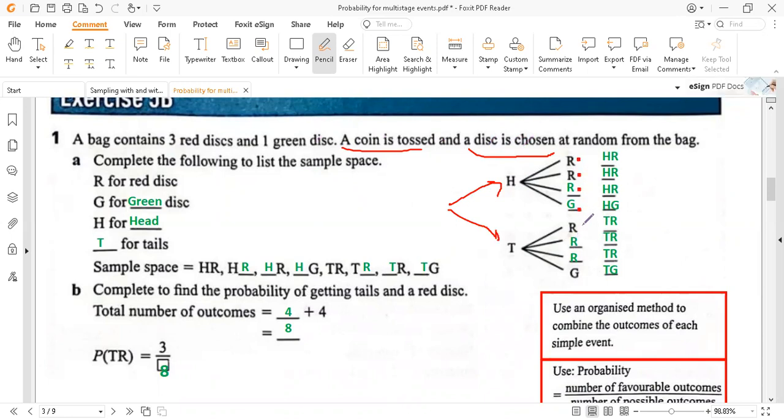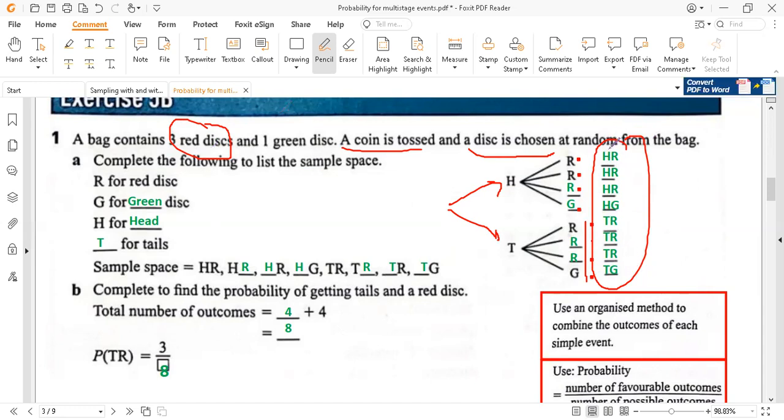In the same way, even if we obtain a tail in the first event, in the second event the result should be the same, red or green, because we have 3 red discs to 1 green in the same bag. So the sample space could be given by these outcomes: HR, HR, HR, HG, TR, TR, TR, and TG.